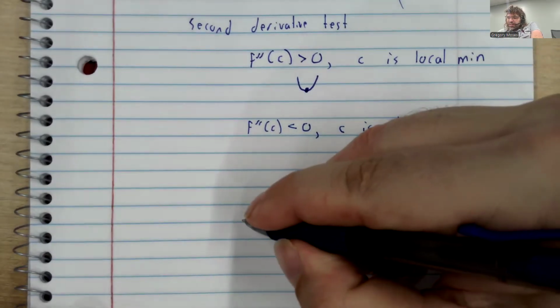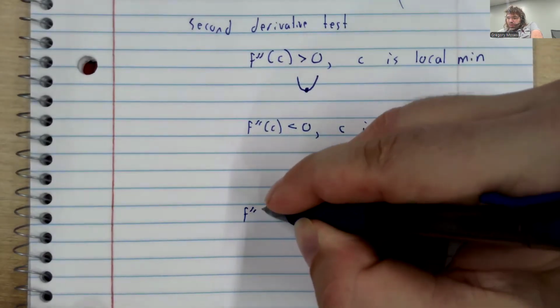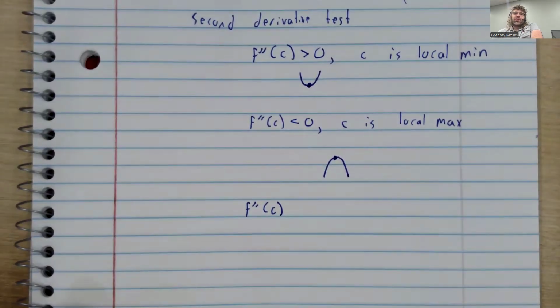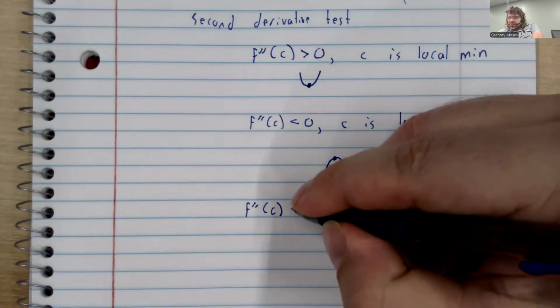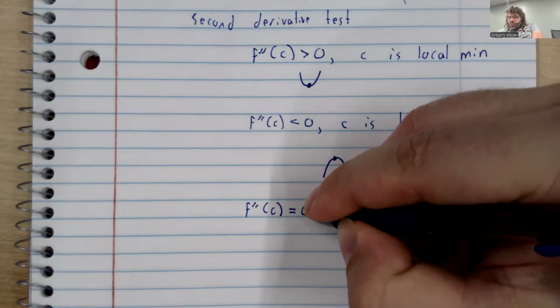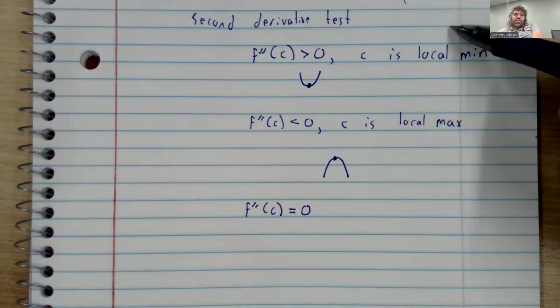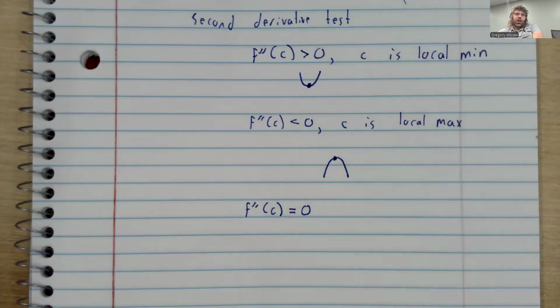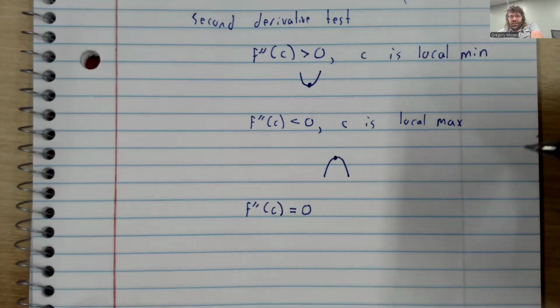The third case is unfortunate. Because, what are the possibilities of a critical value? They can be a local min, a local max, or neither of those things. So you might expect greater than 0, local min, less than 0, local max, equals 0, neither of those things.